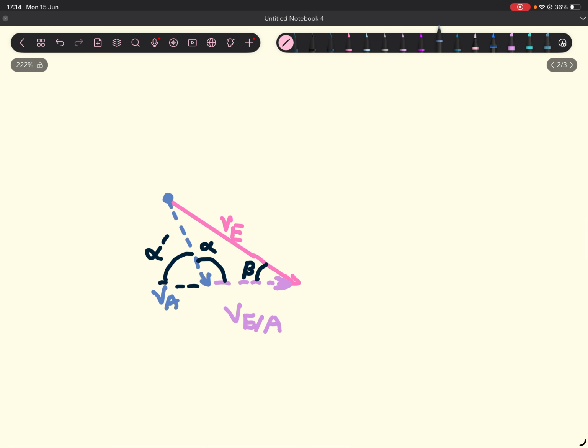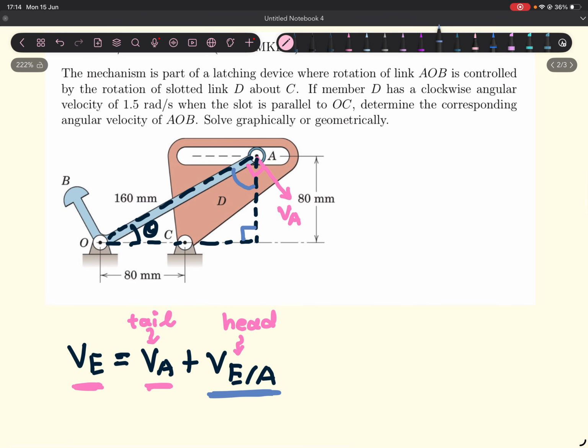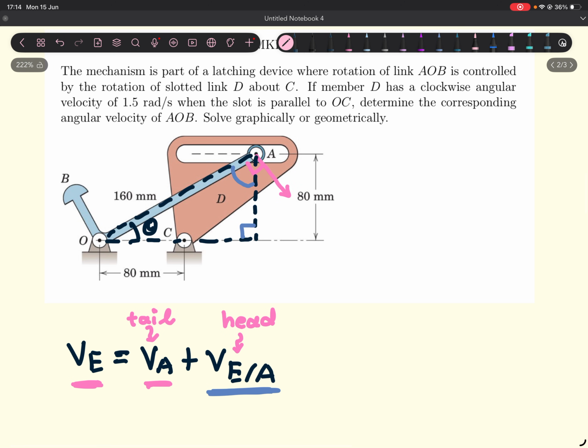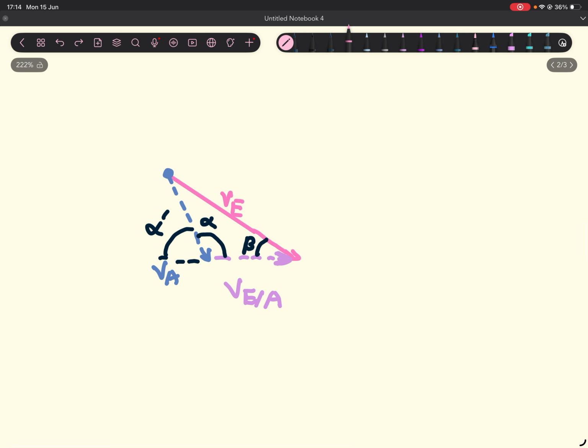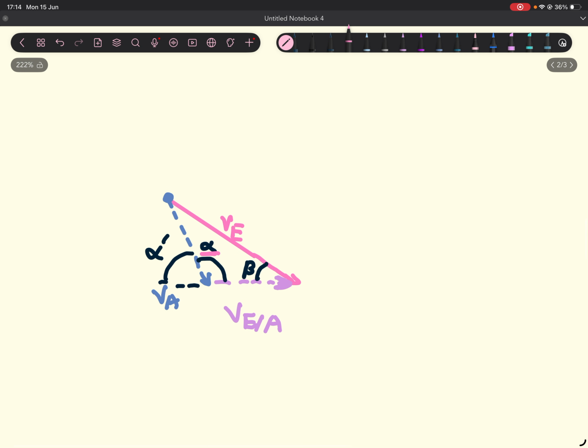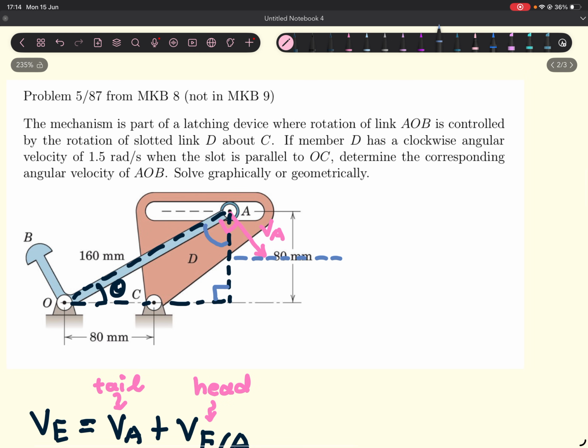I've called this angle alpha. So let's try and see where alpha is, right? I know that I'm referencing a horizontal vector to draw the angle alpha, so I'll draw in a horizontal line for that. So there's my horizontal line, and then alpha is going to be this angle here, right?